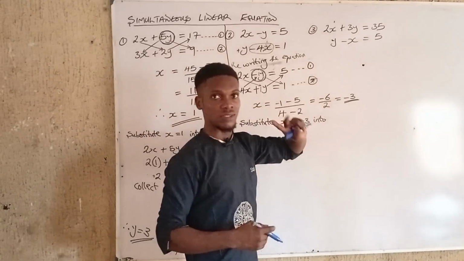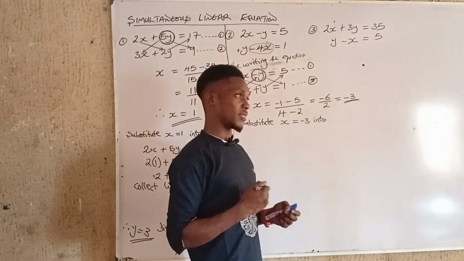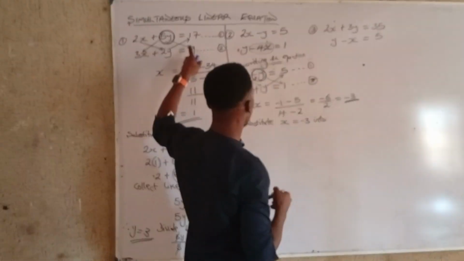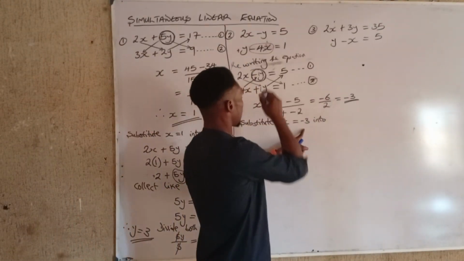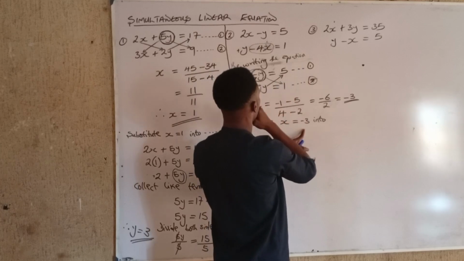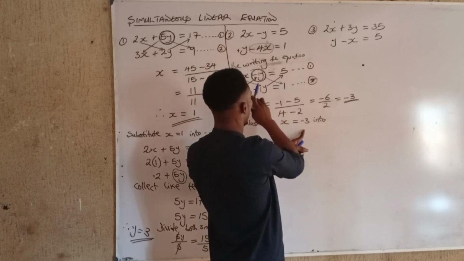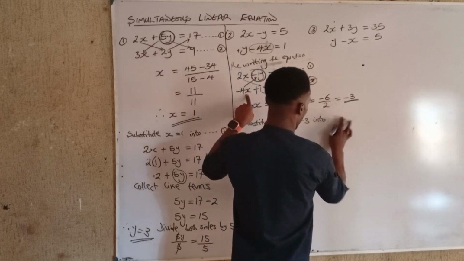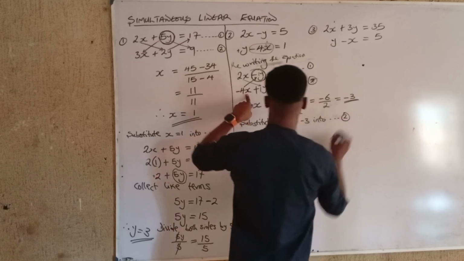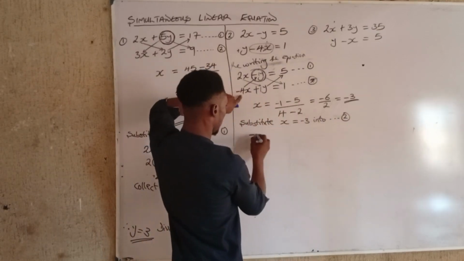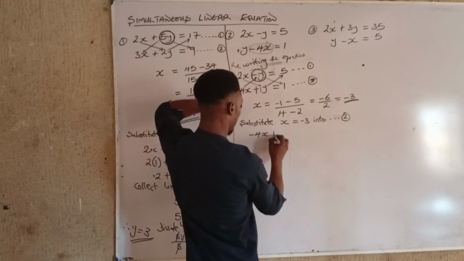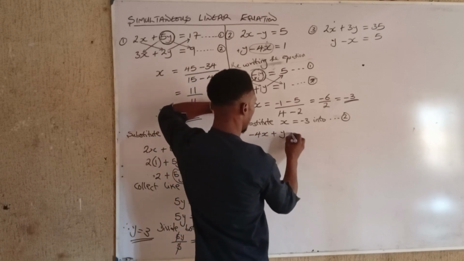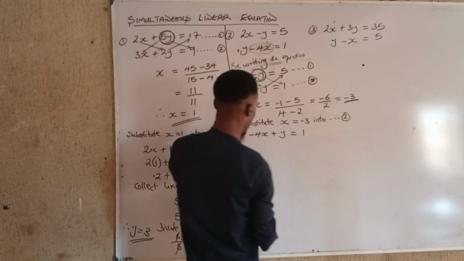Remember, I say any equation you use, you're going to arrive at the same answer. So I used equation 1 before. I'll be using equation 2 now. I'll substitute into equation 2. My equation 2 is minus 4x plus y equal to 1.